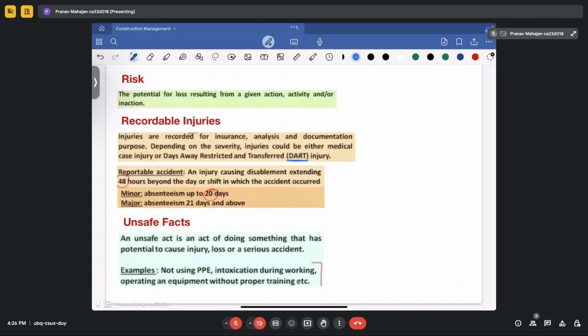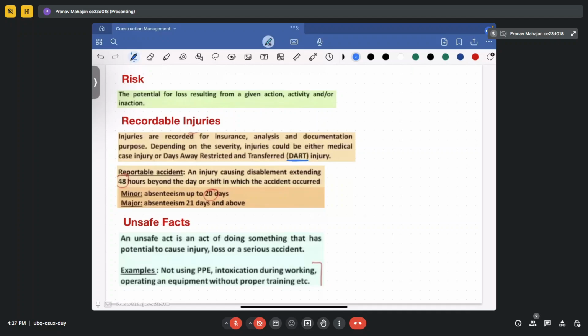So that also contributes to the recordable injuries. Now, what is a reportable accident? Any injury causing disablement extending 48 hours beyond the day or shift in which the accident happened is considered to be a reportable accident. That means when the person who was working in that particular shift remains absent for more than 48 hours, only then is it said to be a reportable accident.